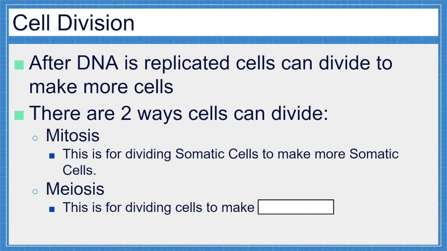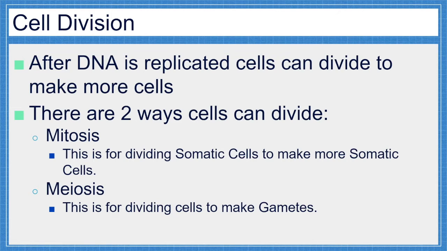Now, if you, however, want to create sex cells, or you want those gametes, so either sperm or egg cells, then you have to go through a different process. And it's a bit longer, it's a bit more complicated, because you have to produce something a bit different to what you started with. And so this process is meiosis. Okay, so mitosis for making more somatic cells and meiosis for making gametes.